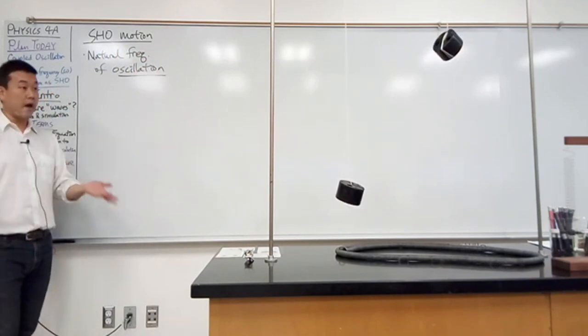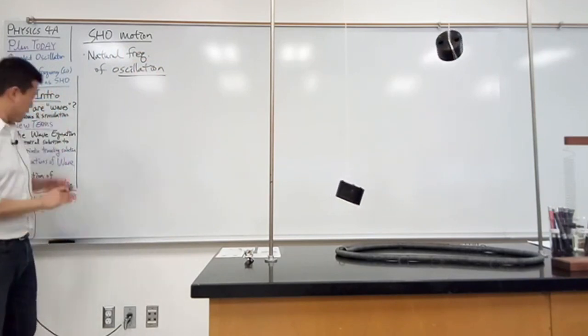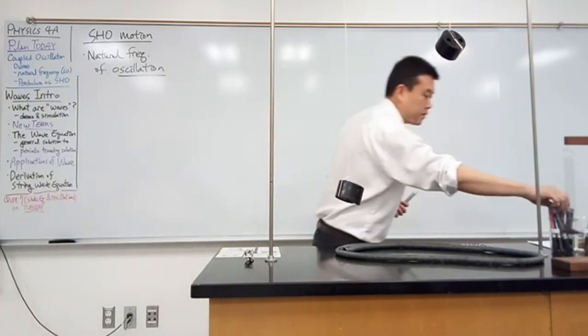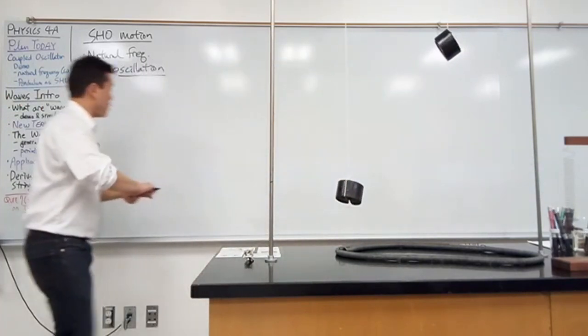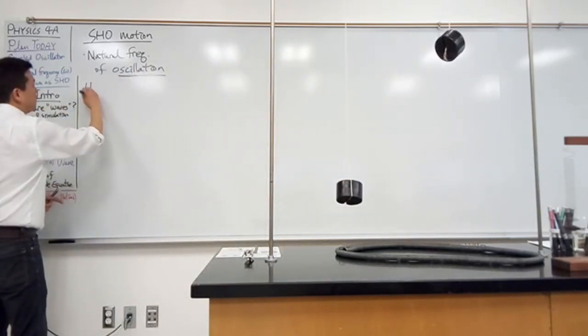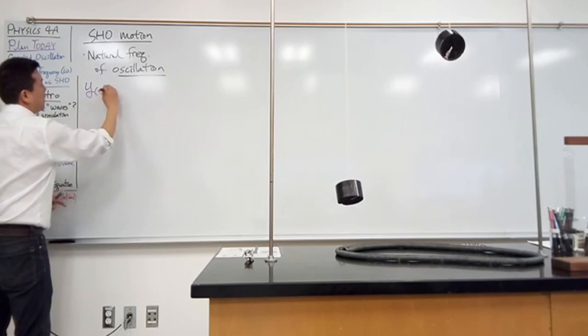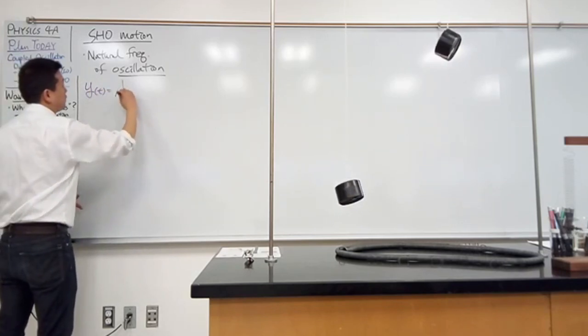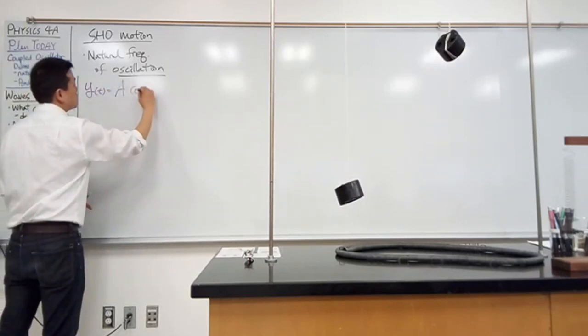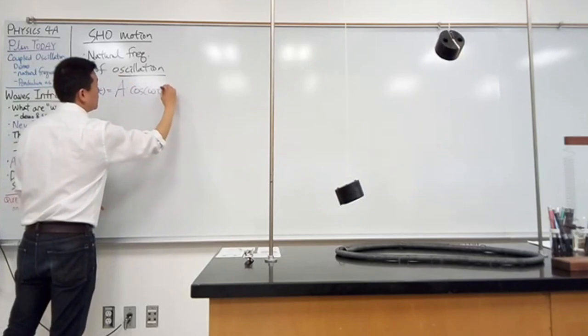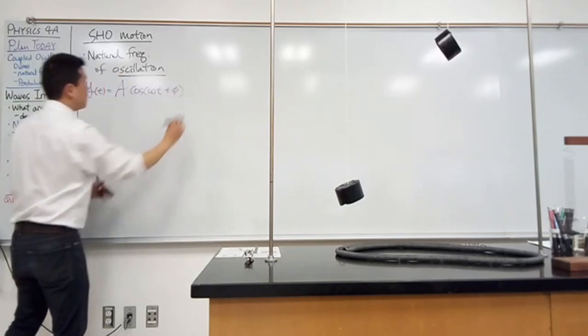When you describe the motion of the mass with this function, the height of the mass as a function of time is equal to some amplitude times cosine of omega t plus the phase factor.